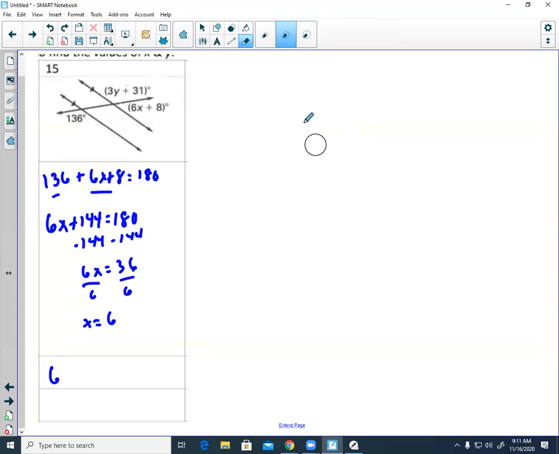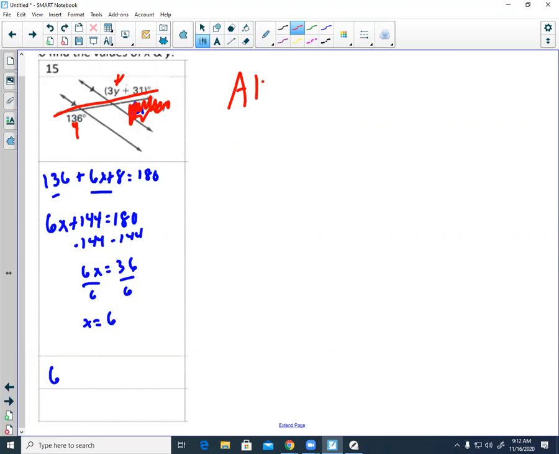So with the y's, what I want you to look at is, I don't care about the x's anymore. The x's have gone away. I'm not worried about them anymore. Don't want to talk about them. Don't want to look at them. So I'm dealing with this angle here and this angle here. I should be able to see that if this is the transversal, one of those angles is above, one of them is below. That means they're alternate.